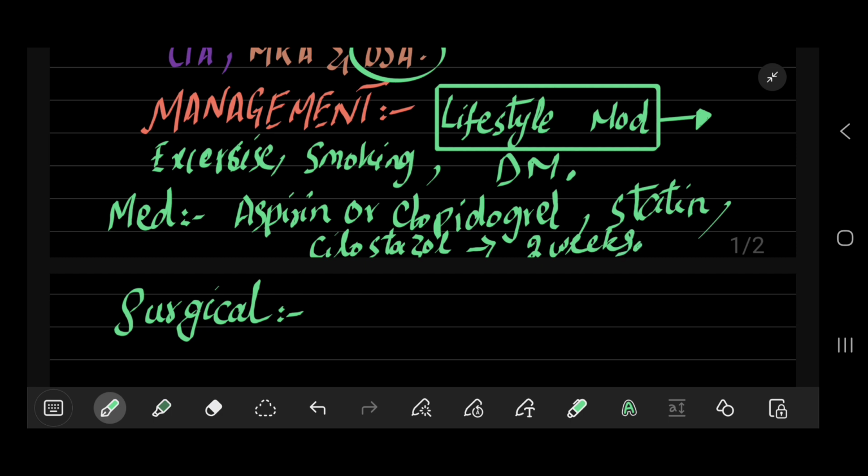So three drugs, either aspirin or clopidogrel plus a statin plus cilostazol, are shown to improve peripheral arterial disease. Sometimes you can add an anticoagulant like rivaroxaban 2.5 milligram BD.